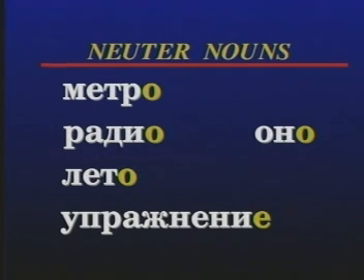So the gender identification is very consistent. Метро, оно, радио, оно, лето, оно, упражнение, оно. Neuter nouns end in о or е. That's it. That's all you have to remember about identifying gender in Russian.